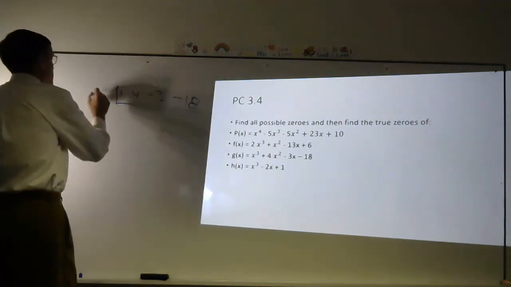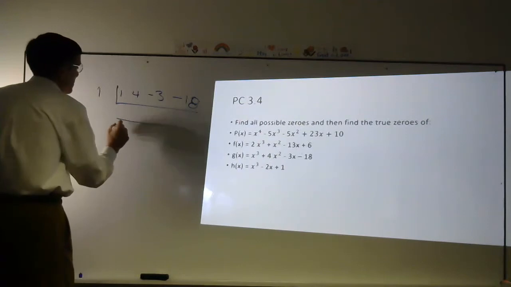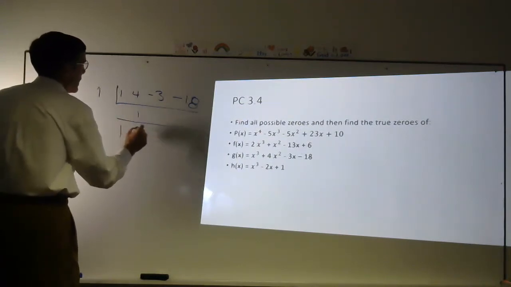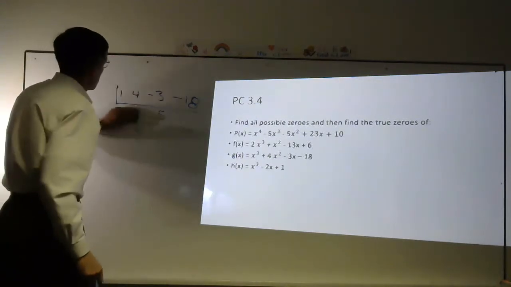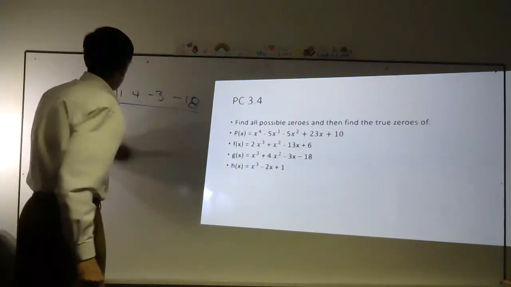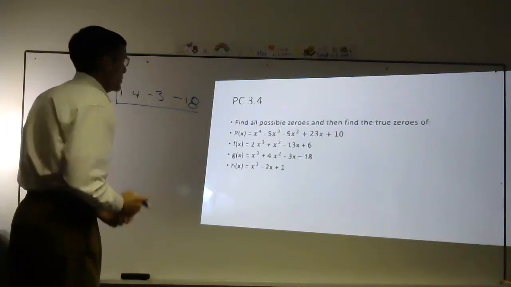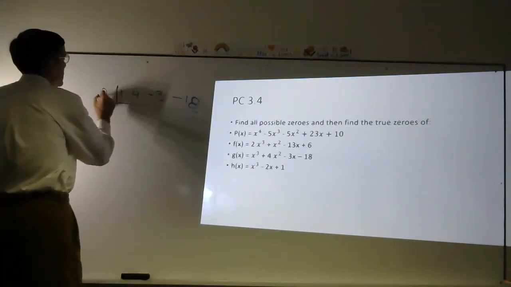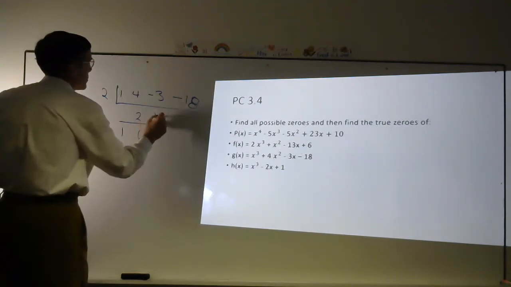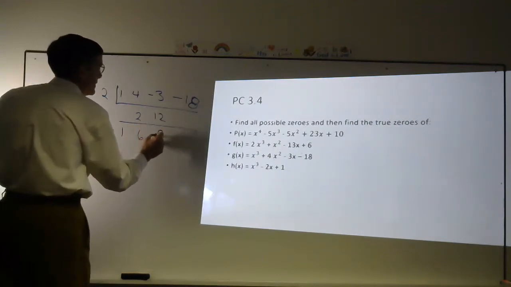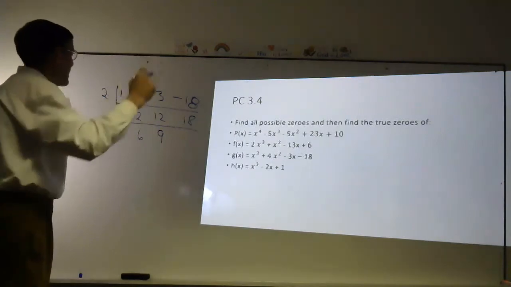I always try 1. That might be stupid, but I always do. 1, 5. 5 didn't work. What shall we try? 2, maybe? 1, 2, 6, 12, 9, 18, hot dog.